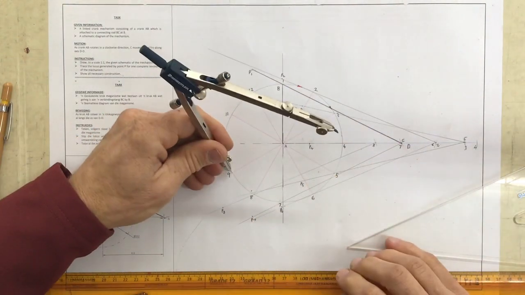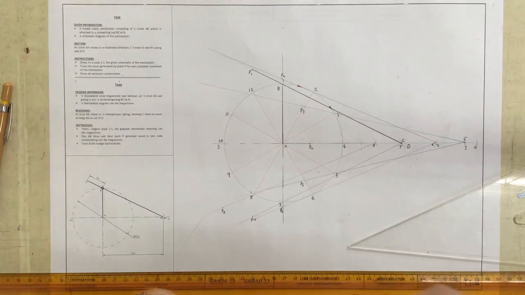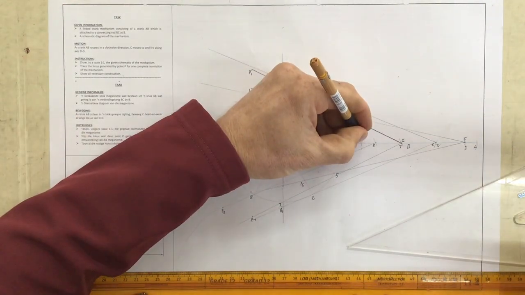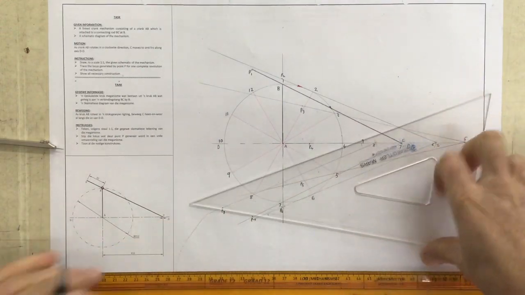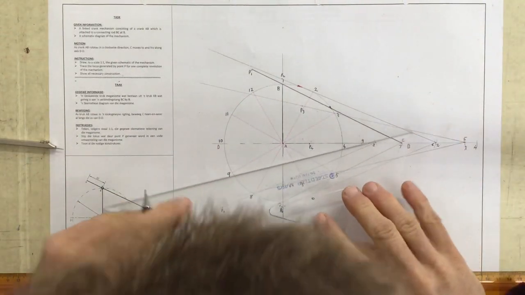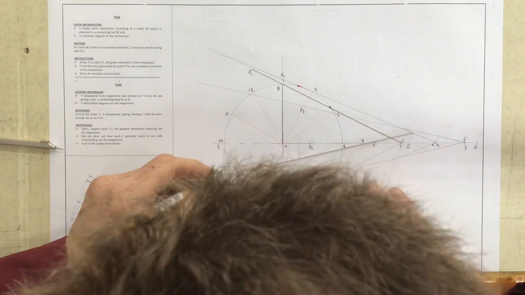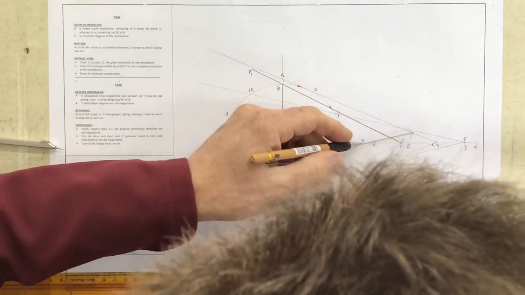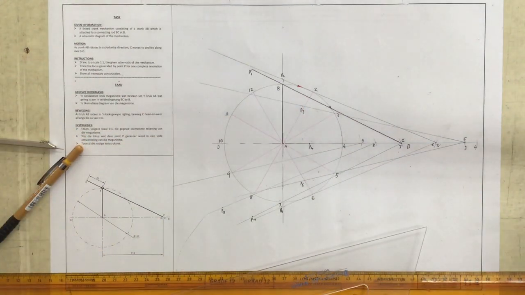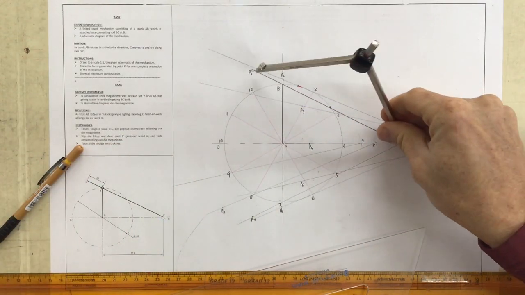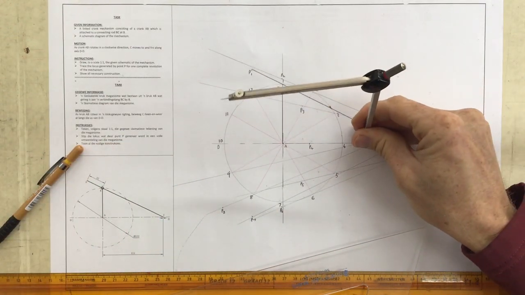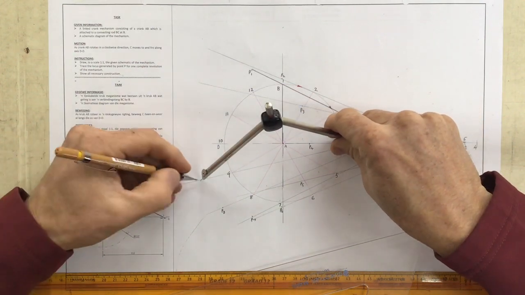Find 9, mark that off. There is 9. Take a line going from 9 through 9 over there. From 9, take this distance, go to 9, mark that off.